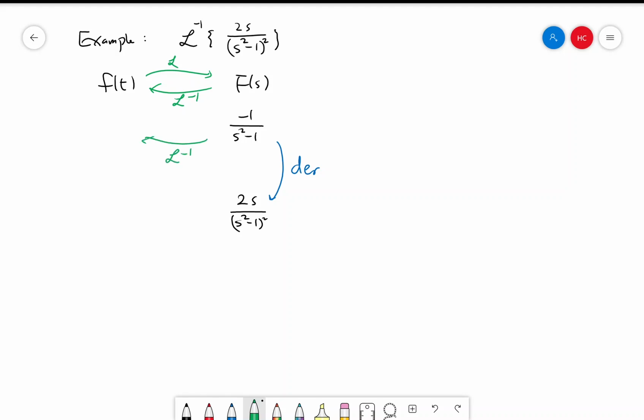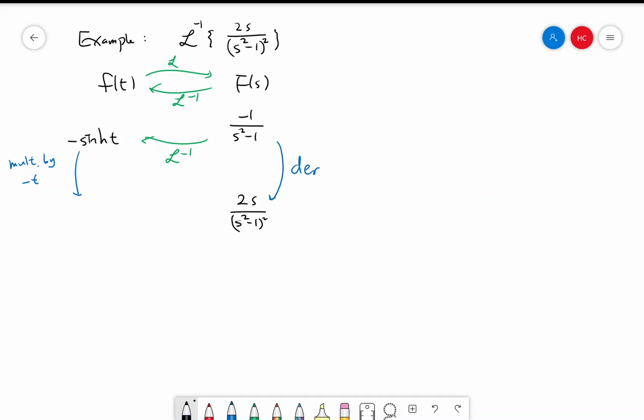If you look at the table, that's going to be hyperbolic sine with a negative sign here. All right, so according to the theorem, taking the derivative in capital F is equivalent to multiplying by negative t in little f.